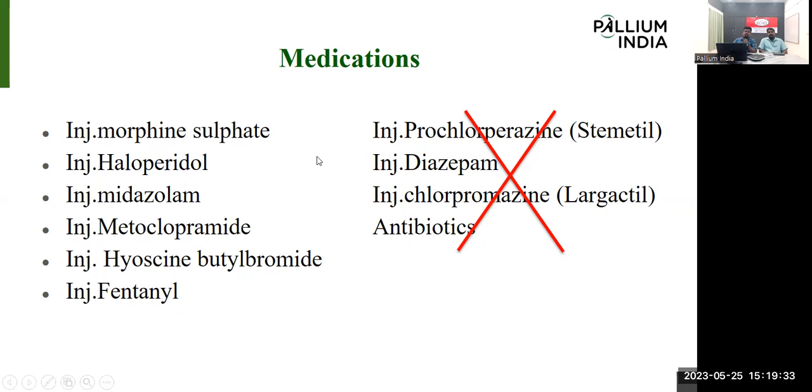No other things. In the US, they approve DNS, dextrose normal saline, also to be given subcutaneously, but in our setting, we do not practice that at all. Only normal saline is given subcutaneously as an infusion. No antibiotics do we practice subcutaneously. So these are the medicines that can and cannot be given subcutaneously.